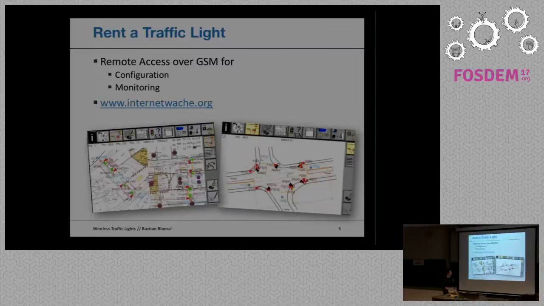And I just wanted to give a very brief shout out to my friends from Internetwache, because they just by chance found the same traffic lights in the GSM network. So they're usually scanning around in the internet and found that these wireless traffic lights actually have a GSM uplink. So for monitoring and configuration and stuff like that, they are actually online, so they were able to log in and do some stuff.